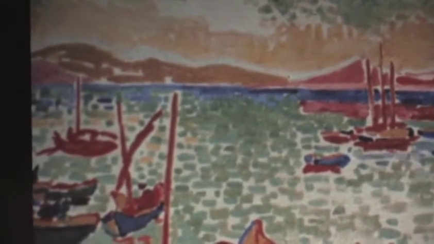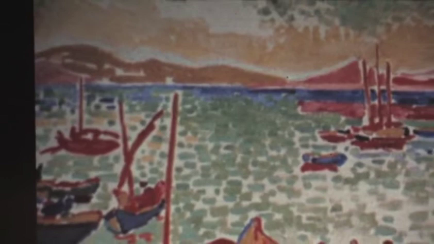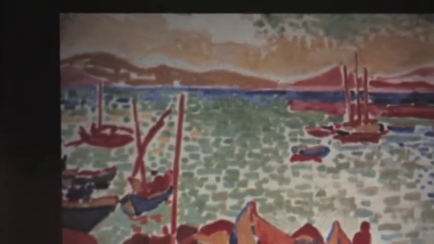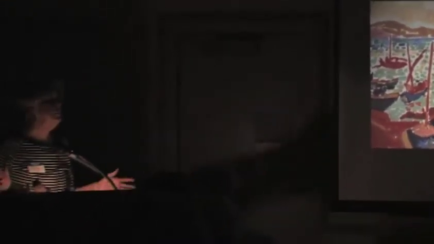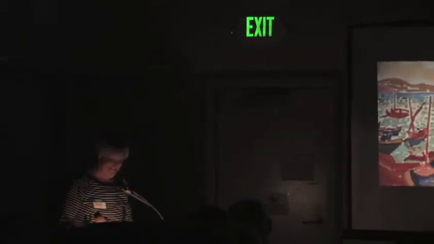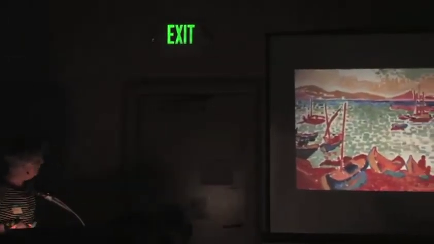And Derain got back to Paris, got sucked into the Cubist group, and lost his sense of arbitrary color. And the paintings before that and after that are entirely different, and you sort of go, oh. At least I do. Somebody else might feel differently.